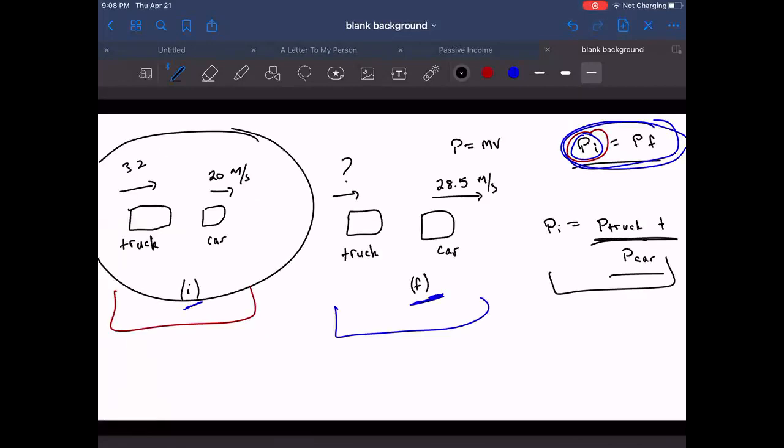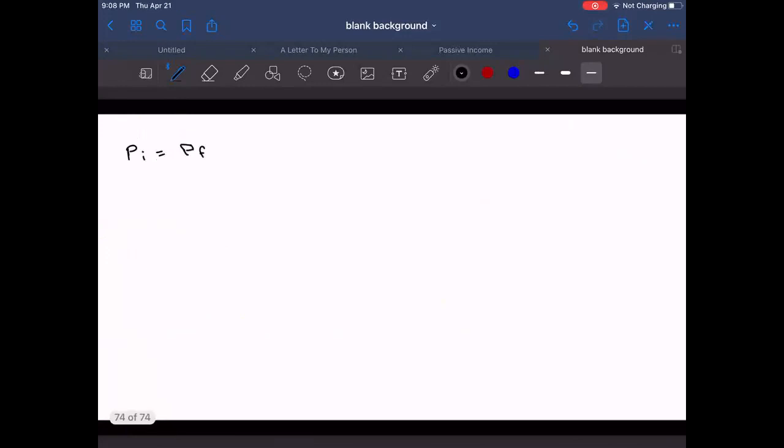Like I said, it's the truck and the car. That means P_I, the left-hand side of my equation, is the initial mass of the truck times the velocity of the truck initially, plus the mass of the car, like that.